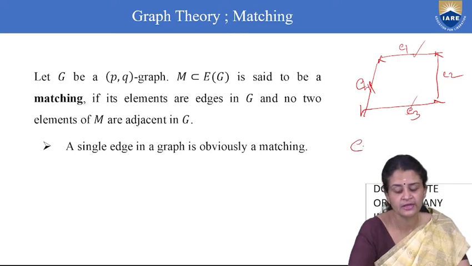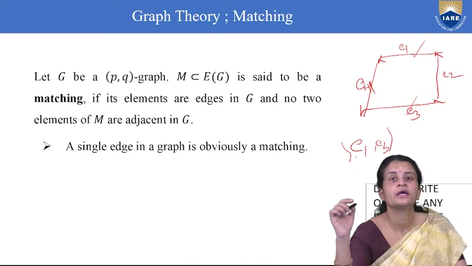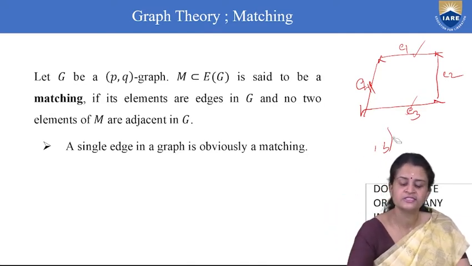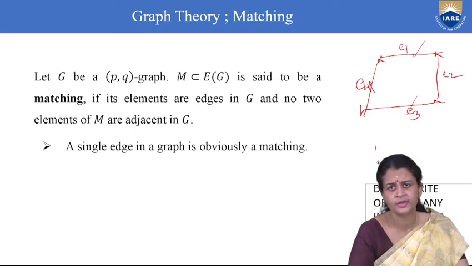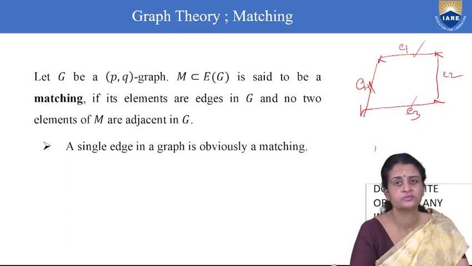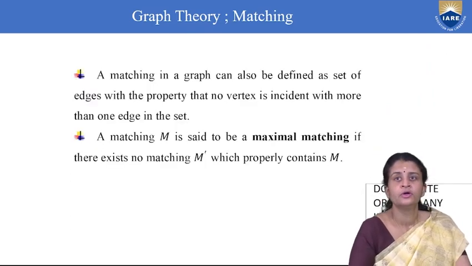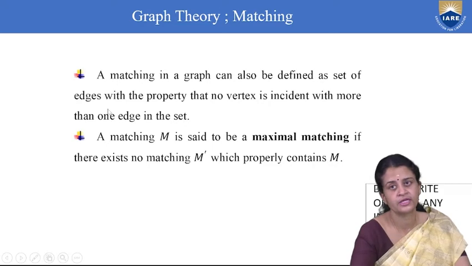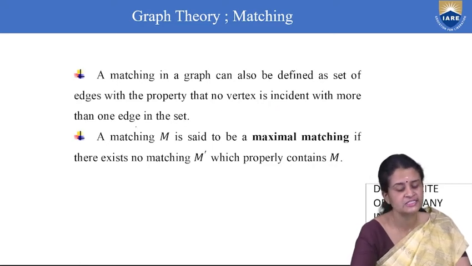Then E1 and E3 form a matching in G. Obviously, every single edge is a matching in a graph, because it is not adjacent to anything. Now a matching in a graph can also be defined as a set of edges with the property that no vertex is incident with more than one edge in the set.